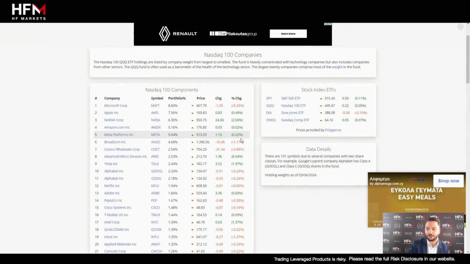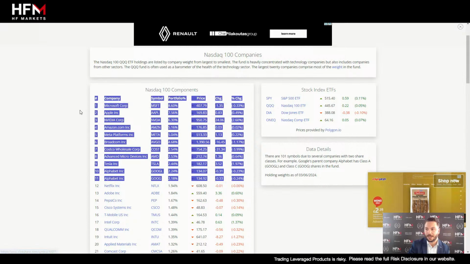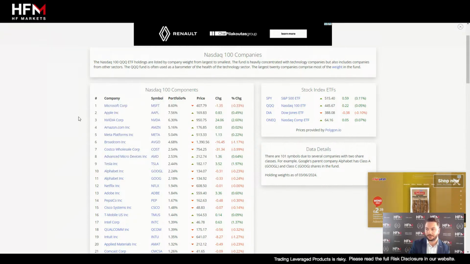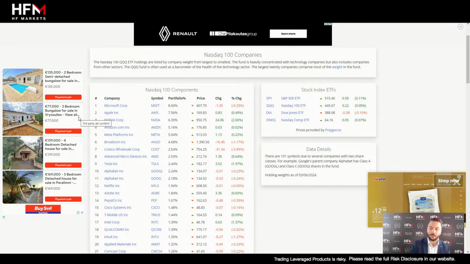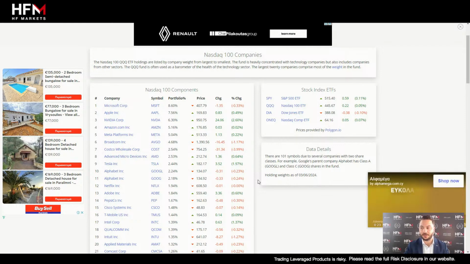Now, if we're going to look at the top 10 most influential stocks at the moment, actually, we're going to look at the top 11 because Alphabet is split up into 2. So if we look at the top 11 influential stocks, 5 of those stocks are declining. 6 of those stocks are increasing in value. So it's kind of 50-50, ladies and gentlemen.